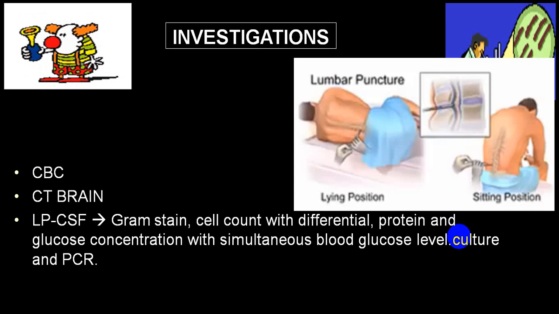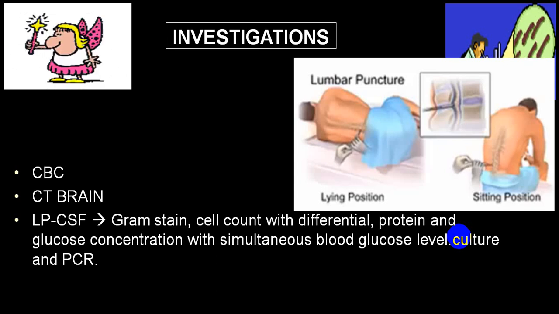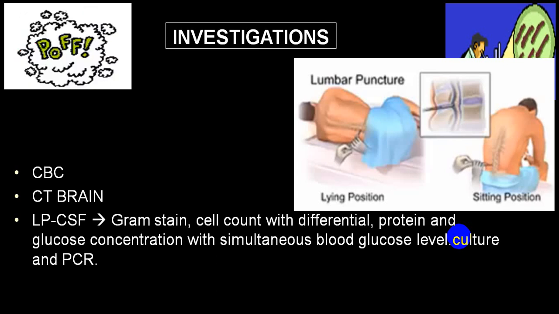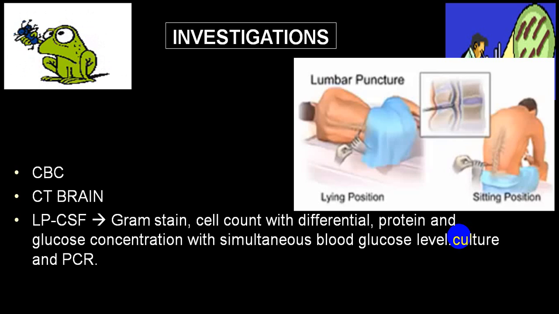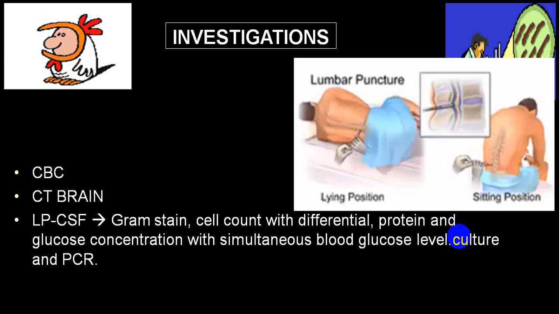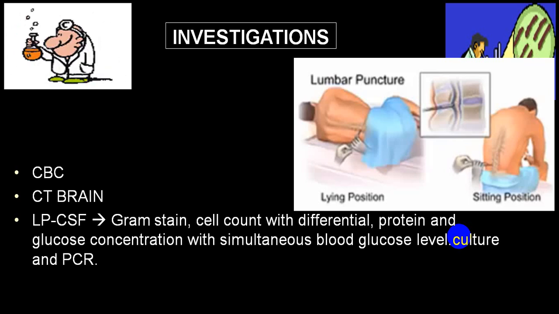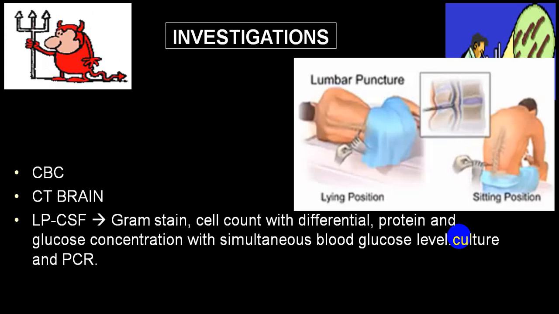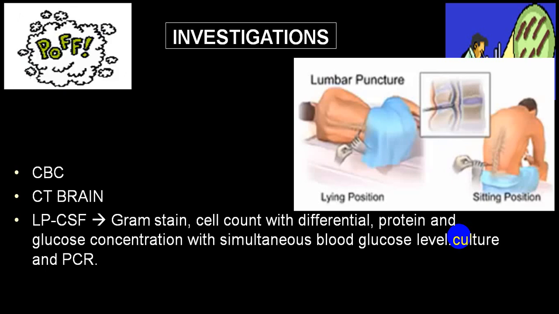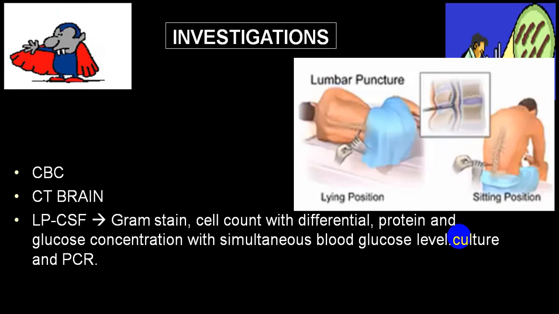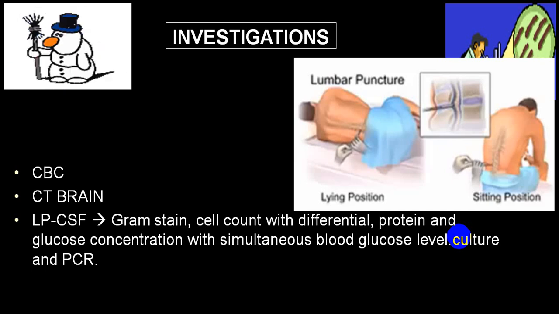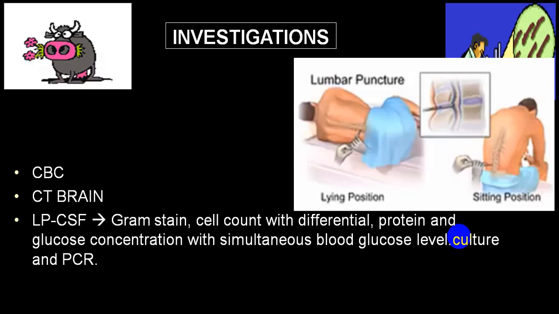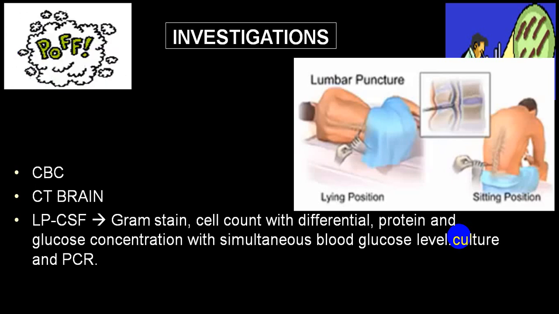Glucose concentration will be markedly reduced in case of bacterial, but may be close to normal in case of viral. PCR will be very helpful to detect some of the viral organisms and also some of the bacterial infections. And culture will be helpful, more common in case of bacterial, and may also be helpful in case of a viral infection.